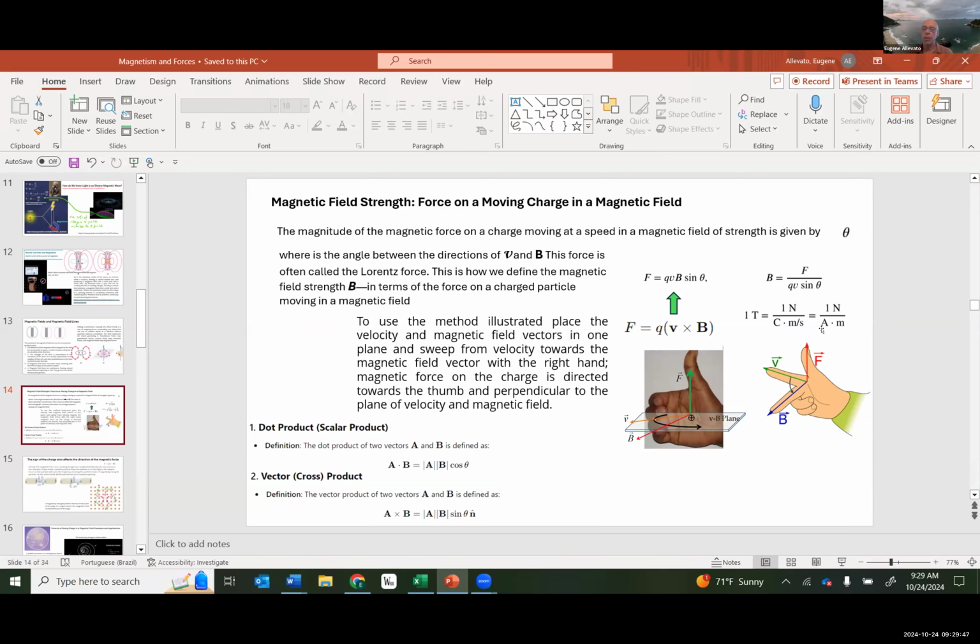Now, if you want to calculate the magnitude of the force from the cross product of velocity and magnetic field, you need to multiply the charge times the magnitude of the velocity times the magnitude of the magnetic field times the sine of the angle between them. Okay, and when they are perpendicular, the sine of 90 degrees is 1.